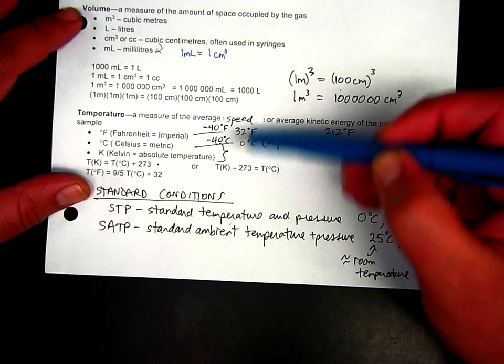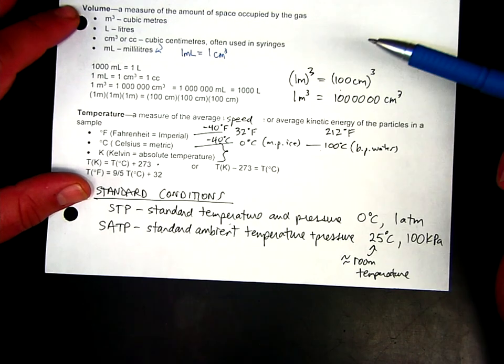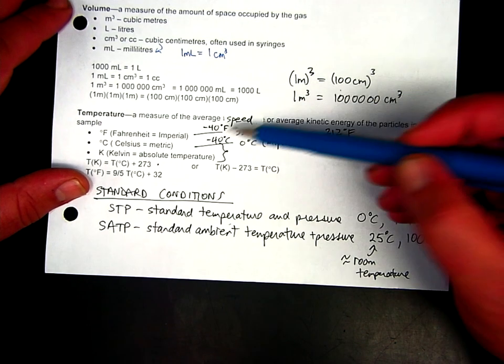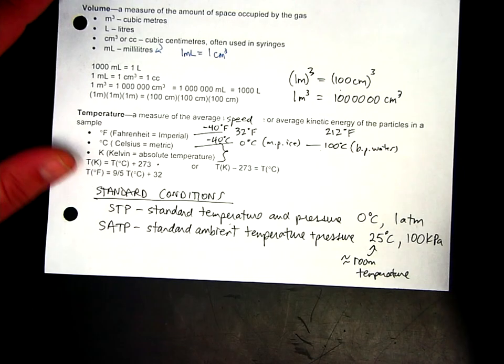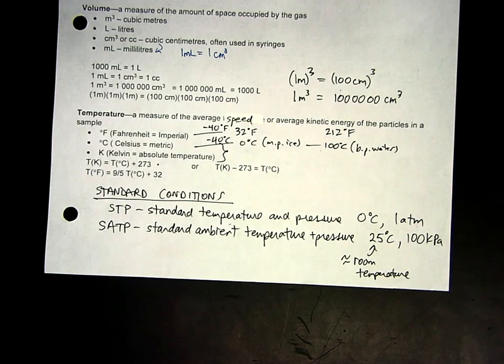This is the neat thing about those two systems, is that they intersect each other at -40. So they're the same value in both scales at -40. So -40 Fahrenheit is the same as -40 Celsius.